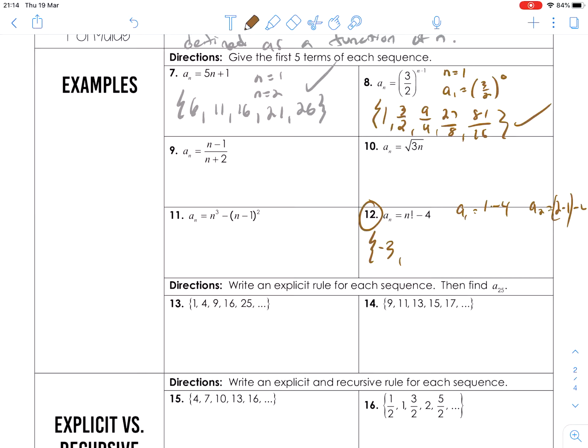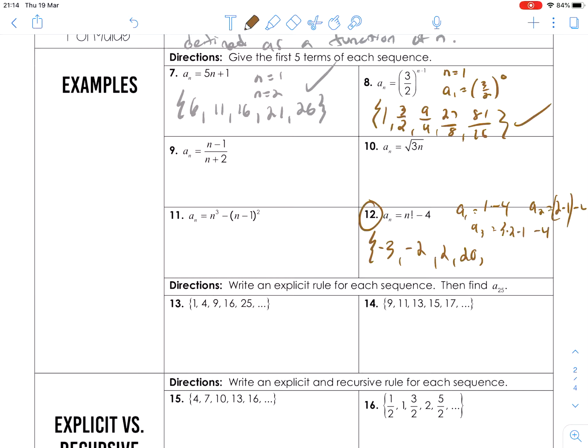So we get 2 minus 4, negative 2. And a sub 3 equals 3 times 2 times 1 minus 4, which is 2. A sub 4 ends up getting you, let's see, I don't feel like doing it all out. So 20.